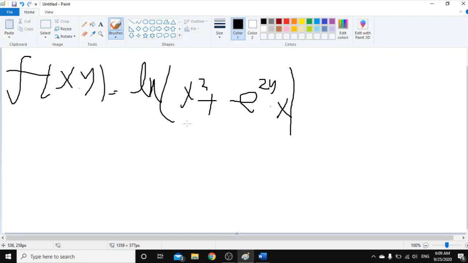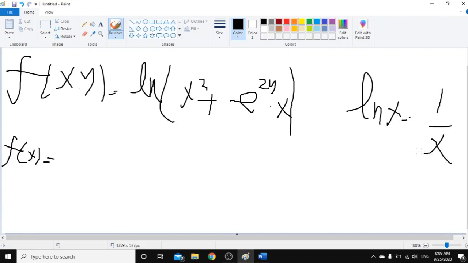To take this partial derivative, let's take the partial derivative with respect to x first. The derivative of ln x is 1 over x.